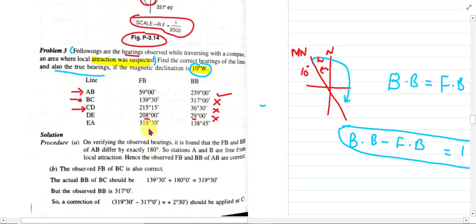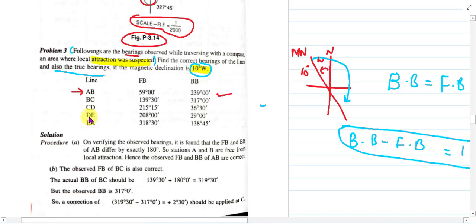And the last one is the EA line. In this line also you can see 30 degree and 45 degree, so this is not equal to 180 degree. So in our final list, we have only one row, row number 1, which gives the right reading according to the check formula.